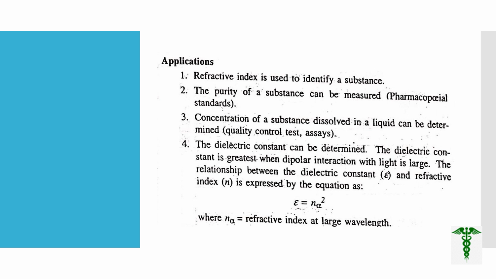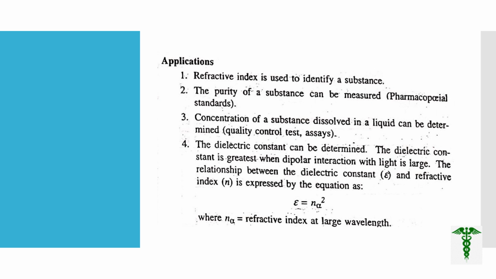We can also find out the dielectric constant. We have studied refractive index, so we can find the dielectric constant epsilon using the equation epsilon equals eta squared, where eta is the refractive index.